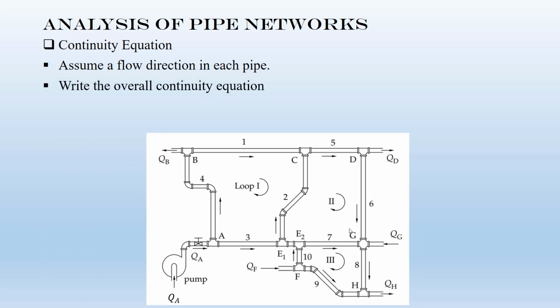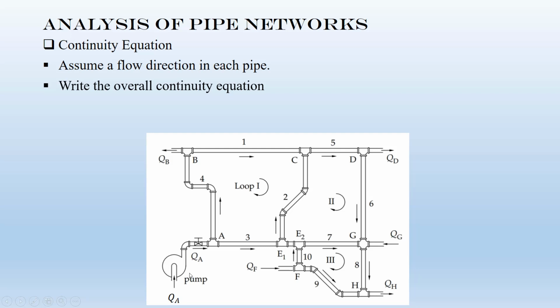Then you can write the overall continuity equation for the whole system. Here we are normally dealing with incompressible fluids, so you can write the continuity equation for volumetric flow rate: the sum of volumetric flow rates in equals the sum of volumetric flow rates out.